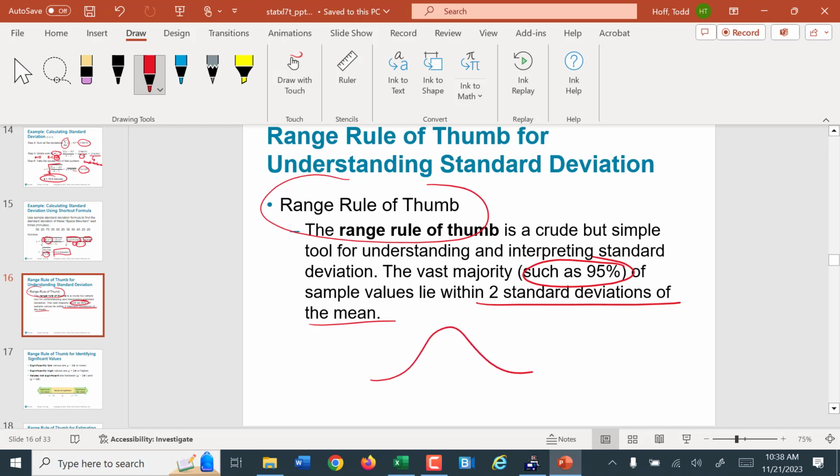So if we have our bell curve, and here's our mean in the center, if we go out 1 standard deviation to each side and then a second standard deviation to each side, 95% of our data is in that range. So only 2.5% is on each end, on each of what we call the tails of that data set.